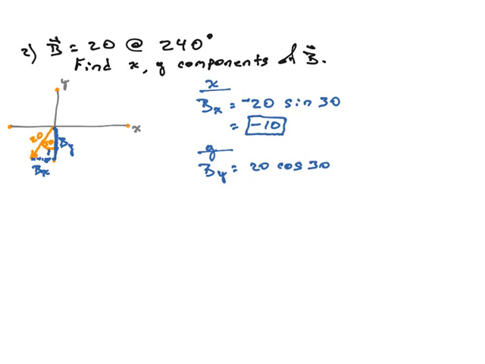Vector B is pointing down and to the left, so in the y direction is pointing down, and so my y component must also be negative. So now I just stick that in my calculator, and I get negative 17.32. And I now have the y component done.